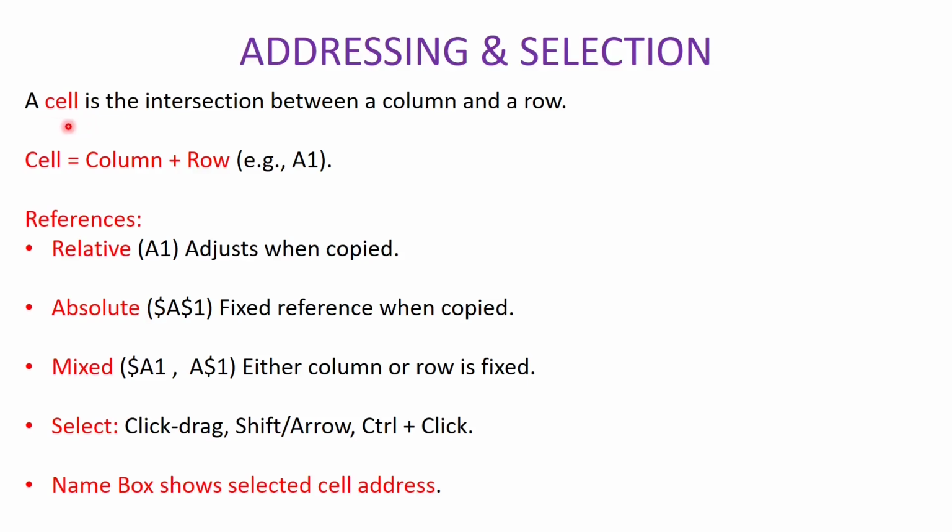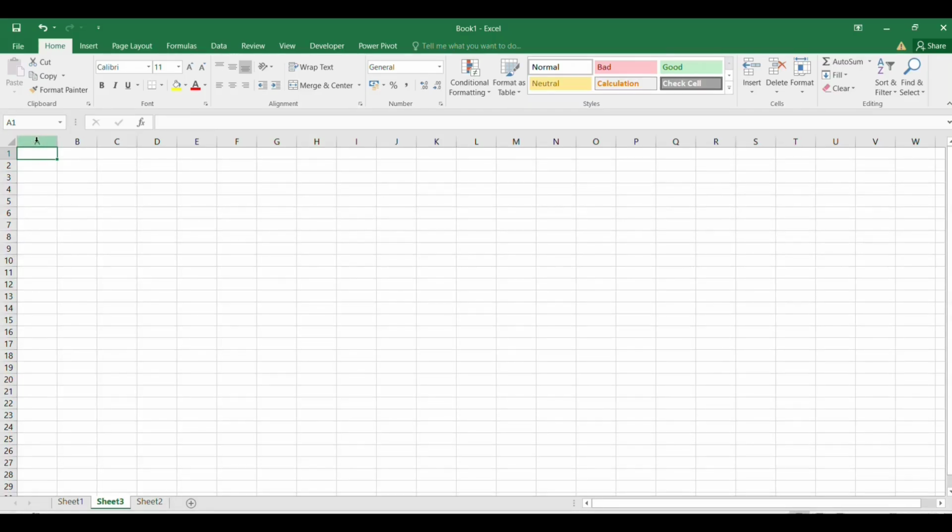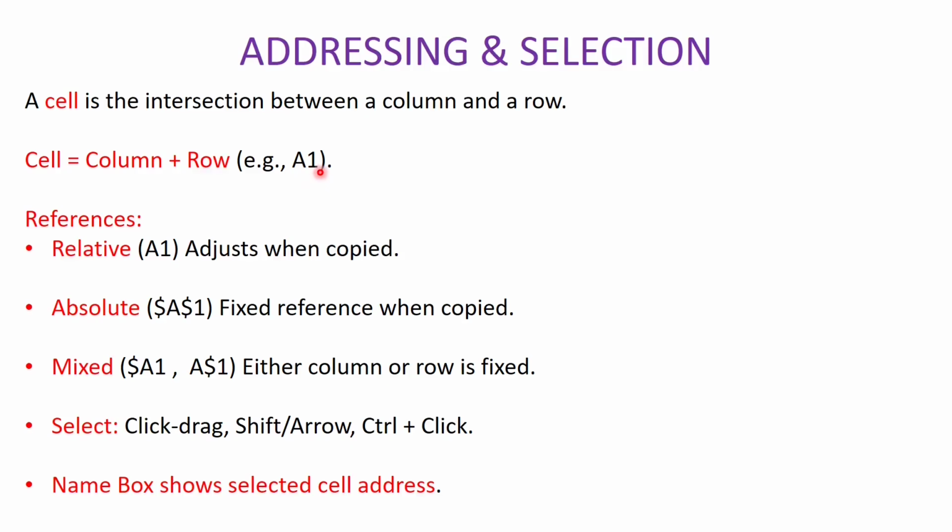A cell is a basic unit of a spreadsheet where data is entered. Each cell is located at the intersection of a column and a row. For example, cell A1 refers to column A and row 1.